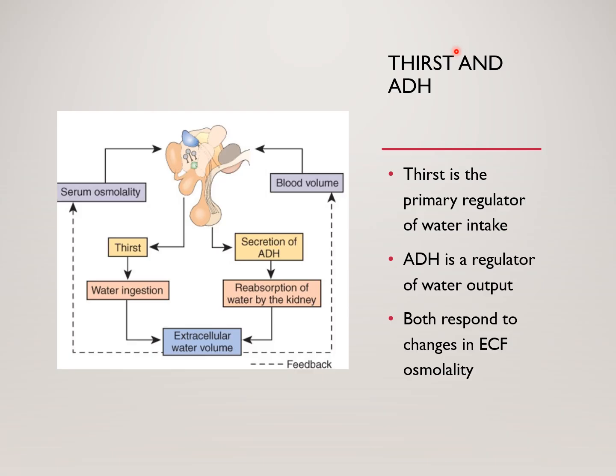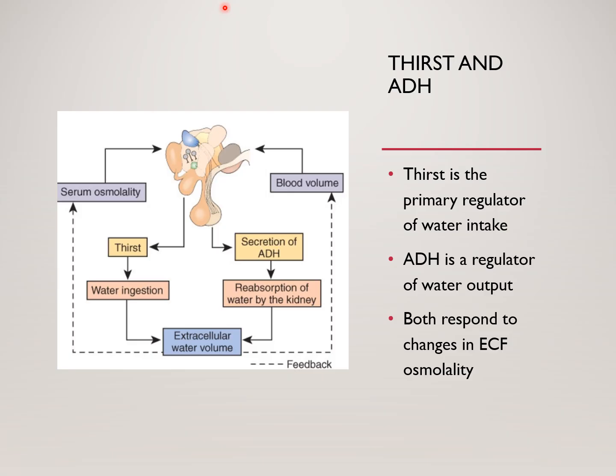The hypothalamus itself, which you see right here, contains what we call osmoreceptors. And those osmoreceptors are responding to those changes in osmolality, and they will signal the pituitary gland to secrete ADH. And they'll also signal portions of the hypothalamus to signal that thirst output, okay?